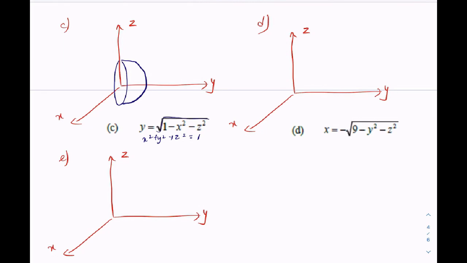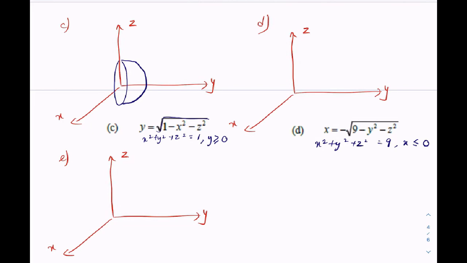Okay, so now we go to question D. This one, if we manipulate, we will have x squared plus y squared plus z squared equals to 9. Okay, this one I can say that y greater equals to 0. But over here, x must be smaller equals to 0.